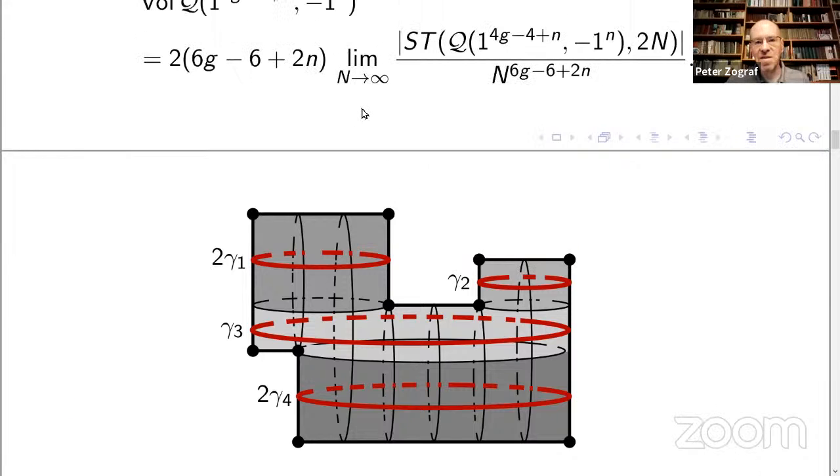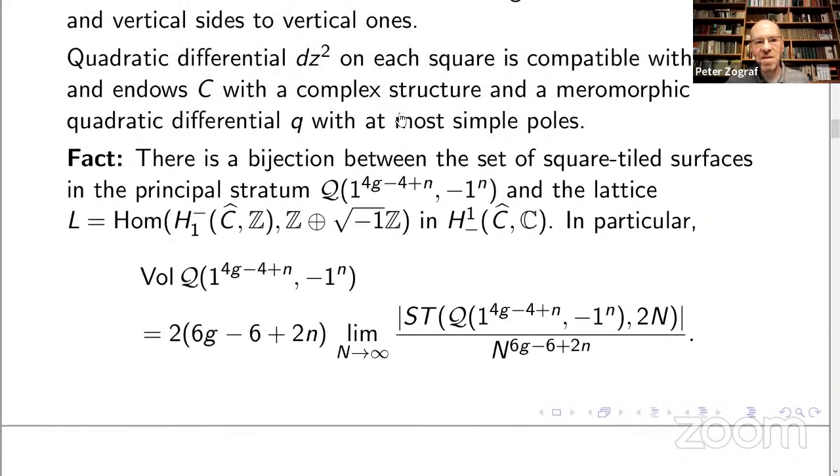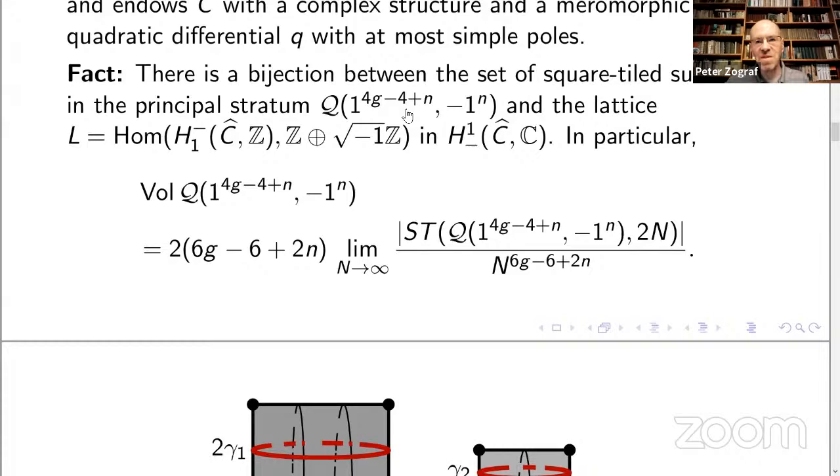And an important fact is that there is a bijection between the set of square tile surfaces in the principal stratum and the lattice L in the first cohomology of C hat.